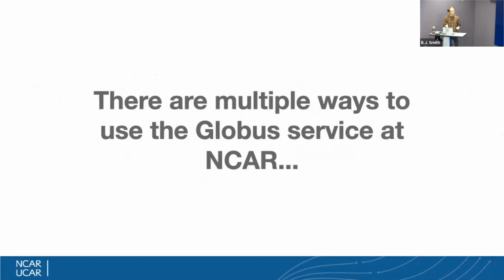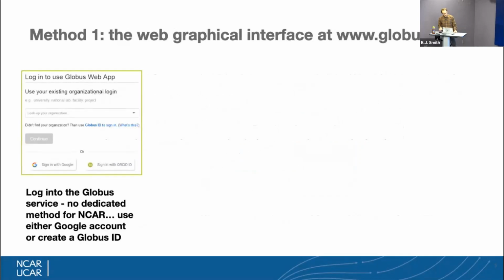So there are multiple ways to use the Globus service here at NCAR, and I'm going to talk about 3 of them. The first method, and the one that's very intuitive, is to use the graphical interface on the web at globus.org.